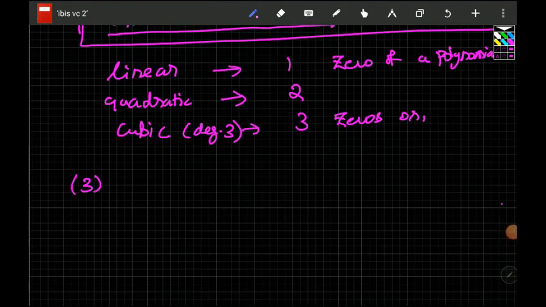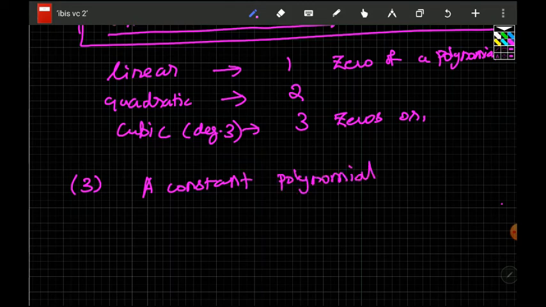The other observation is about the constant polynomial. A constant polynomial is just a number, right? Let us take our polynomial p of x as 24. Here the x coefficient is actually 0, that's why it is 24.